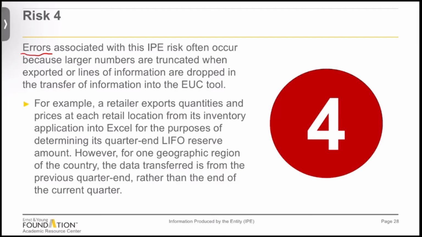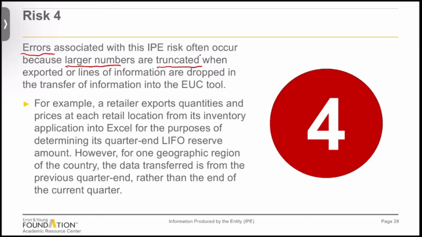So errors that are associated with this IPE risk often occur because larger numbers may be truncated or omitted when exported, or lines of information are dropped in the transfer of information into the EUC tool.